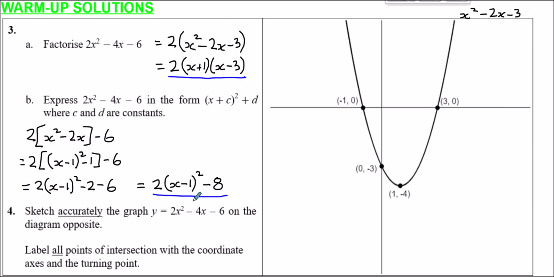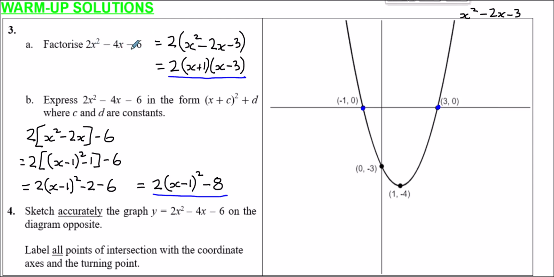Now we need to sketch this accurately. So we can see here the roots are going to be where x is minus 1 and x is 3. So the roots are going to be the same as the roots here, in fact. The y-axis intercept is going to be minus 6. If you substitute in x is 0, the evaluation comes out to be minus 6.